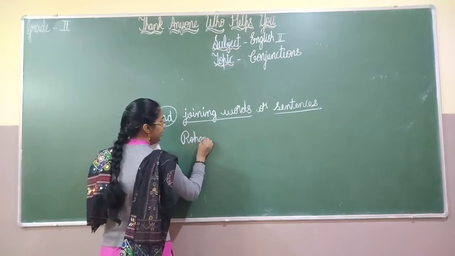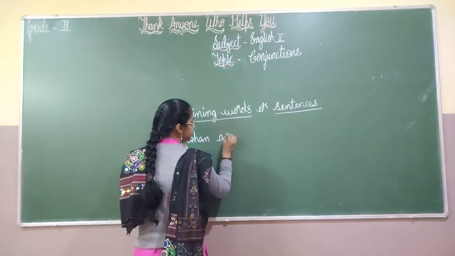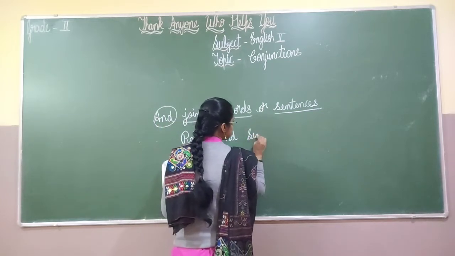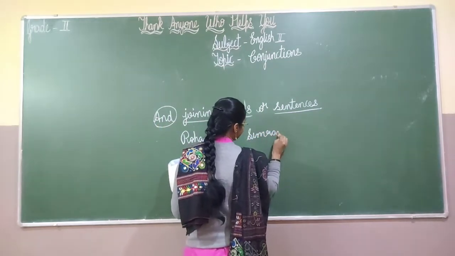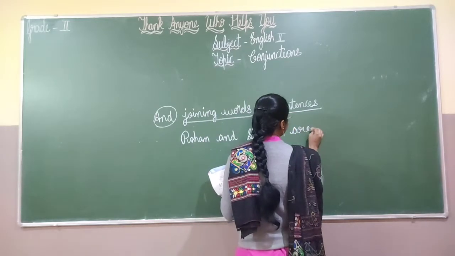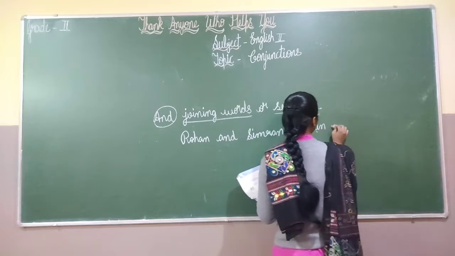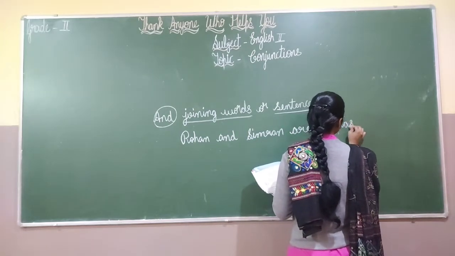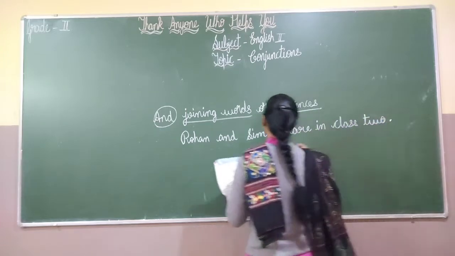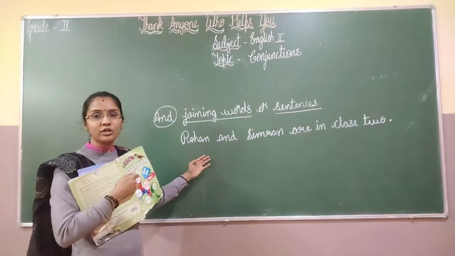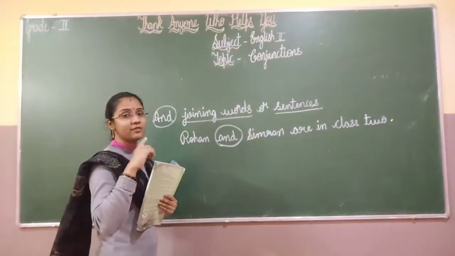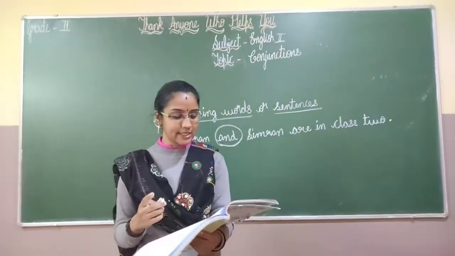Rohan and Simran are in class 2. Here, to complete the sentence, what conjunction word have we used? We have used and.